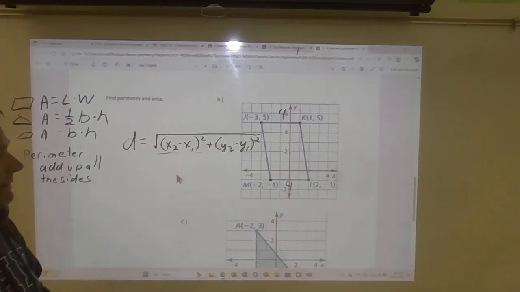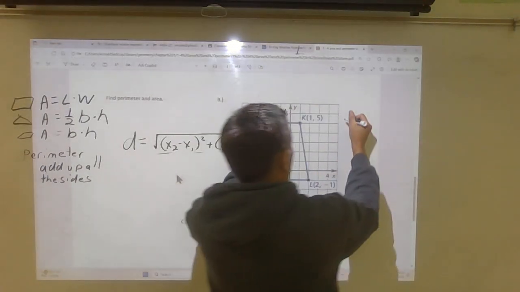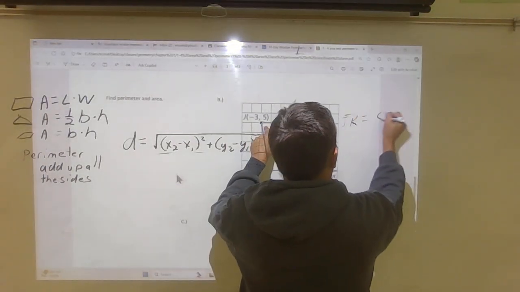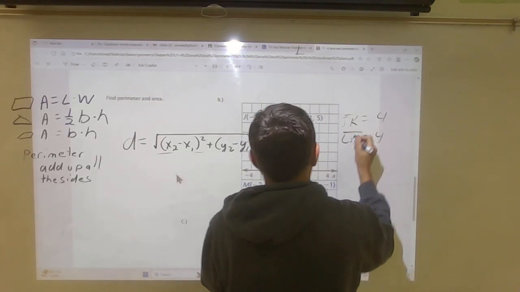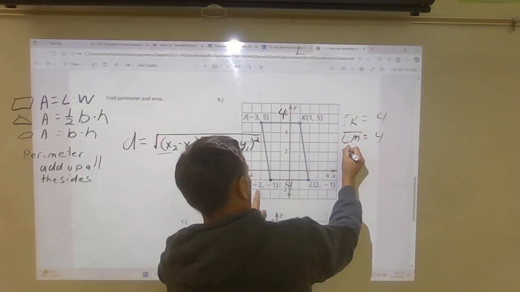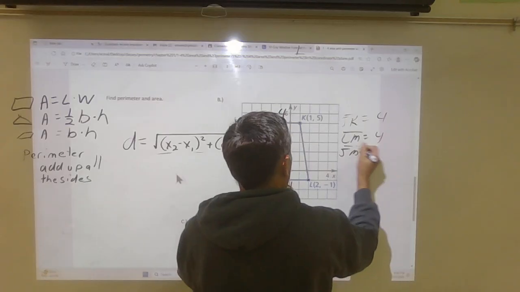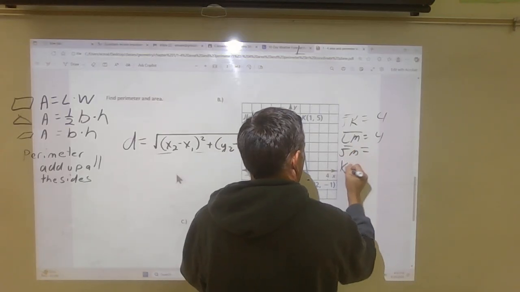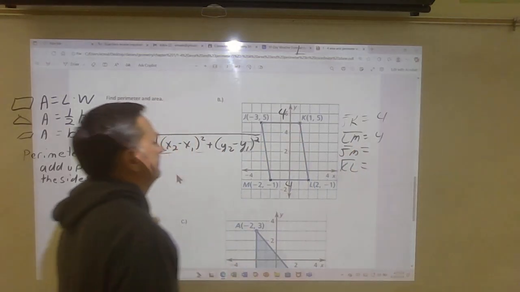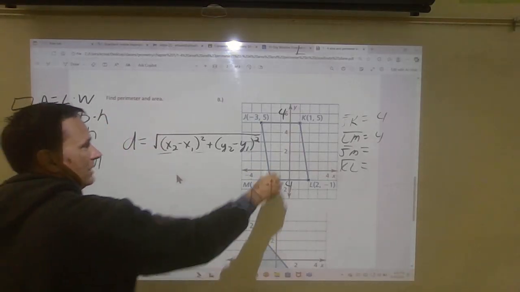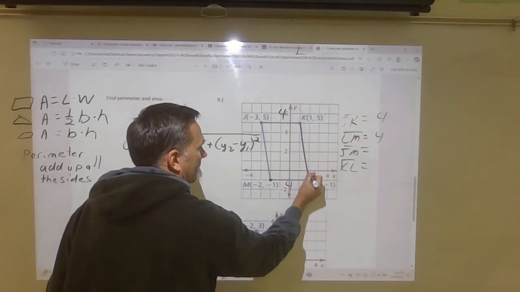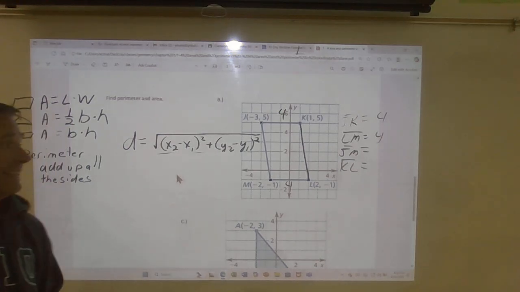So I'm going to have to come back to my distance formula. I know JK is 4, and I know LM is 4. And I need JM, and I need KL. Now, it doesn't matter which one you use. I'm actually going to use this side. And in math, I try to do what's easy.